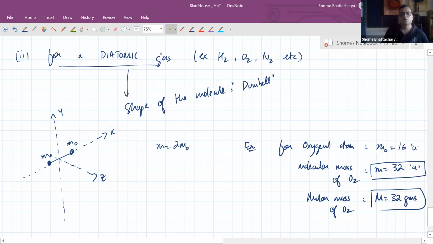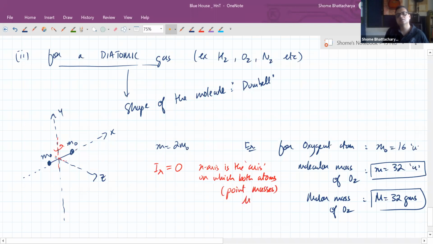Now you can see that it has a moment of inertia about the y-axis. It has a moment of inertia about the z-axis. The moment of inertia about the x-axis is 0 because the x-axis is the axis on which both atoms, which you can treat like point masses, lie. But Iy is not 0, Iz is not 0.